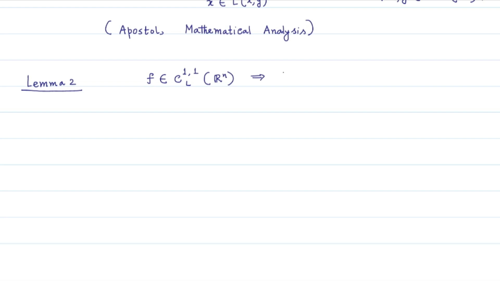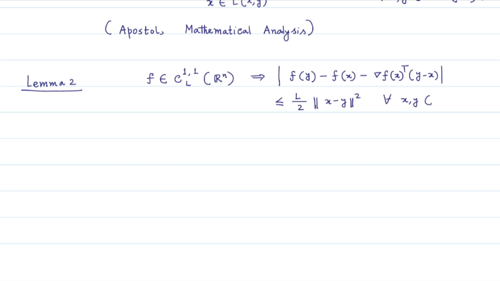Then we can prove that the absolute value of f(y) minus f(x) minus grad f(x) transpose (y minus x) is less than or equal to L by 2 norm of x minus y squared for every x, y in R^n. The proof for this lemma 2 is as follows.